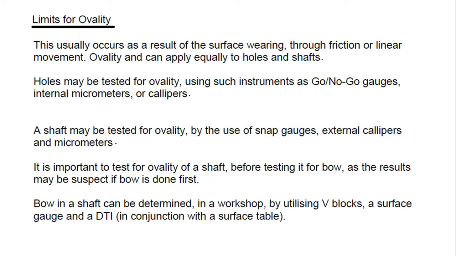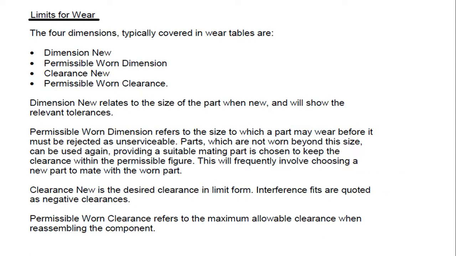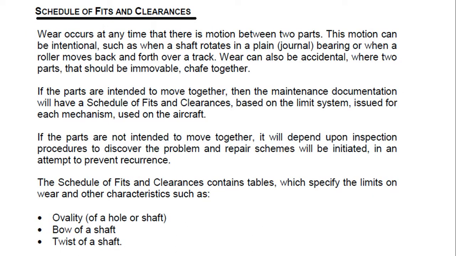Okay, so today I would like to continue with the limit for ovality, right? It is in conjunction with the previous topic, which we had covered under the schedule for fit and clearance.